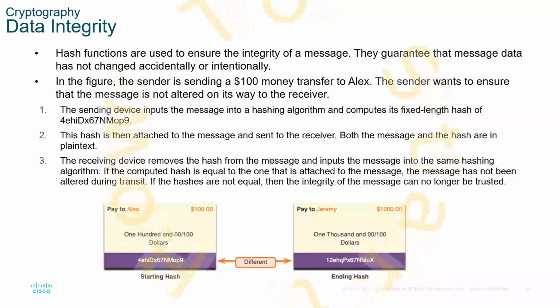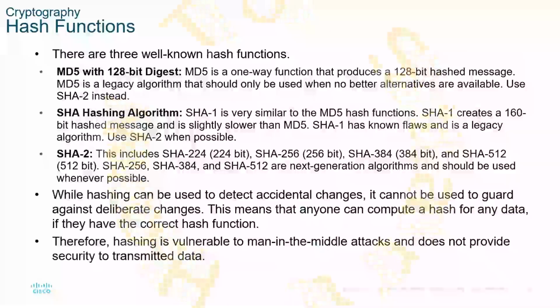Data integrity, again, making sure that the message that was sent is the message that was received. There is no modification. The payload or the payee or anything was not modified. Hashing functions like MD5 or SHA verify the integrity of that message, meaning it knows the message that was sent is the message that was received.